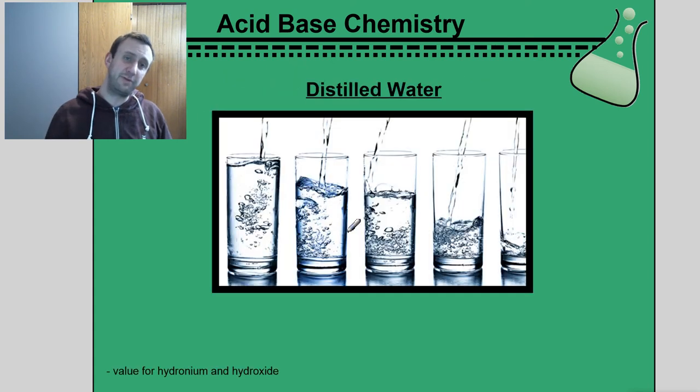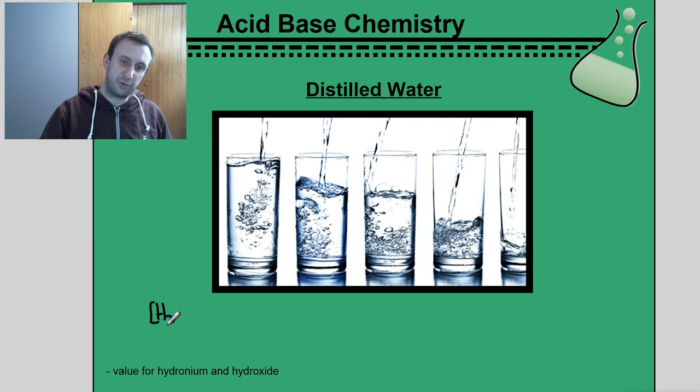So most of it stays as water, and only a teeny tiny amount, 2 molecules out of a billion water molecules, end up doing this. All right, so for the values for hydronium and hydroxide, we already talked about this for distilled water.